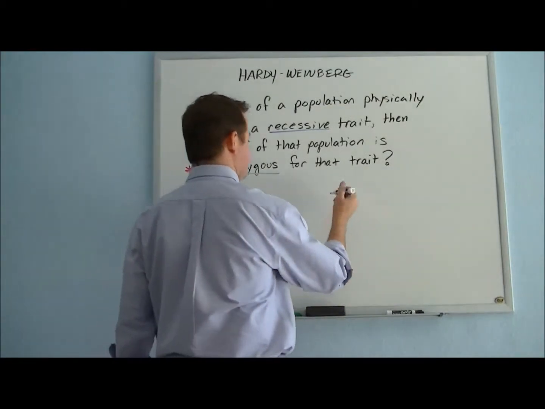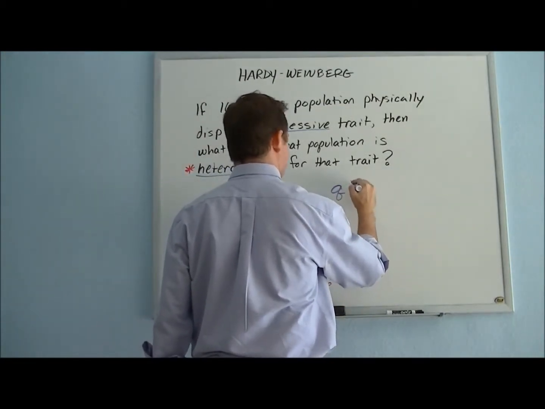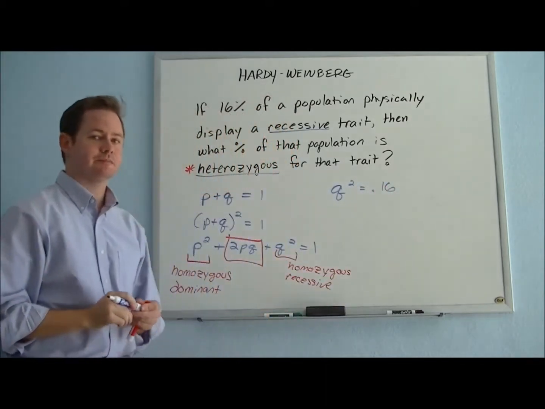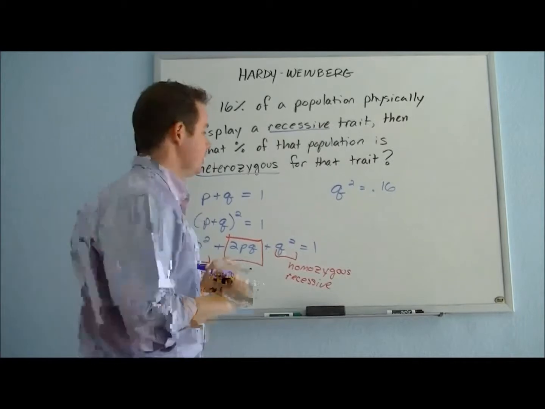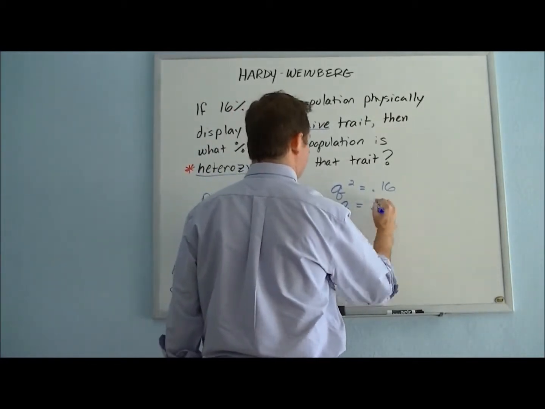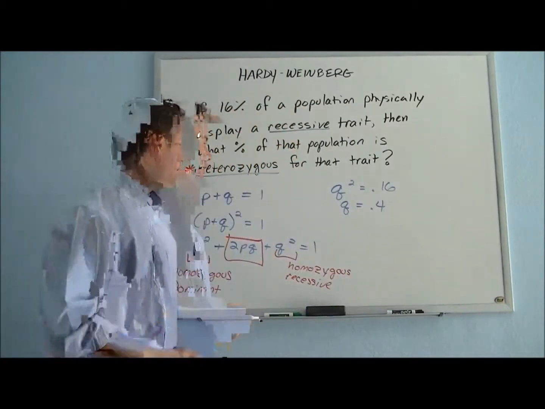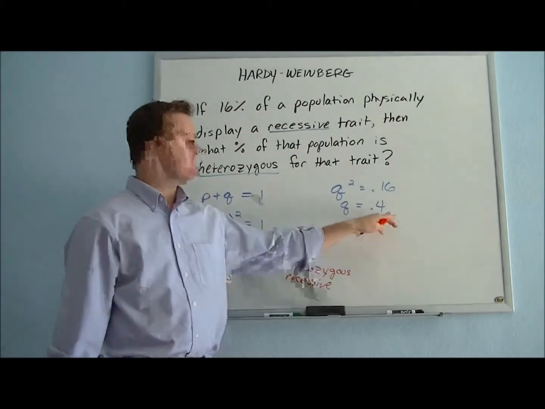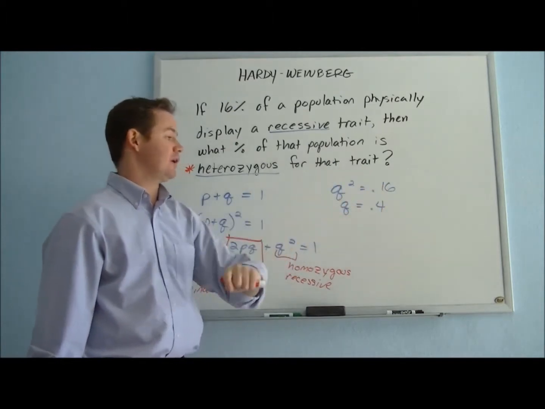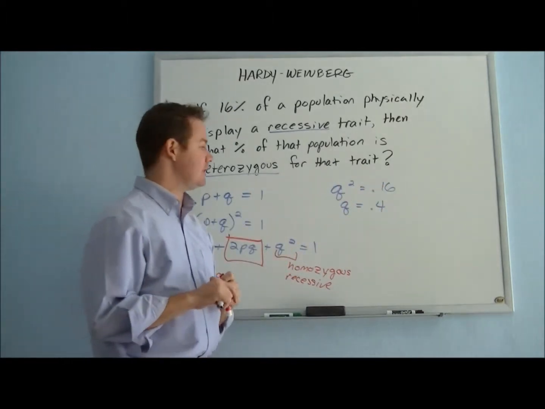The way that we do our calculations, we would have Q squared equals 0.16. When we take the square root of each side, Q will equal 0.4. If you need to double check that, you can always multiply 0.4 times 0.4 just to prove that it does come out to be 0.16.